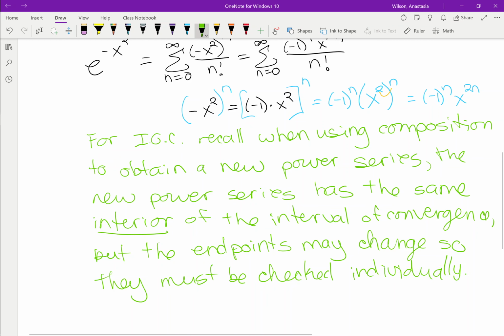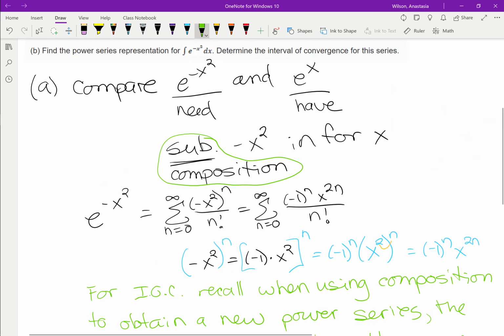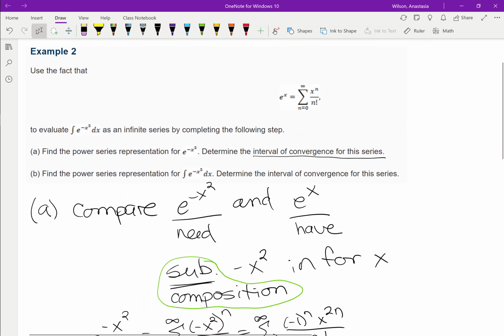All right, so we don't have to start from scratch here with applying the ratio test, although that is an option if you would like to do that. What we're going to do is use the interval of convergence that we have for the original function, e to the x equals the sum from n equals 0 to infinity of x to the n over n factorial. Normally, if this were a brand new problem, the interval of convergence, or at least the radius of convergence, would be given to you.